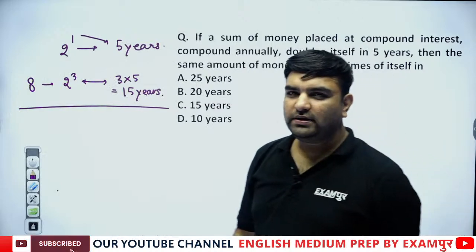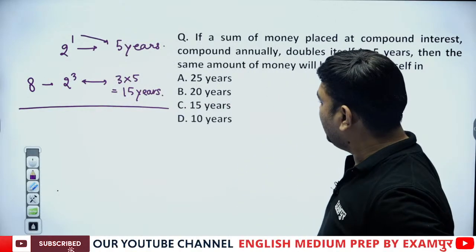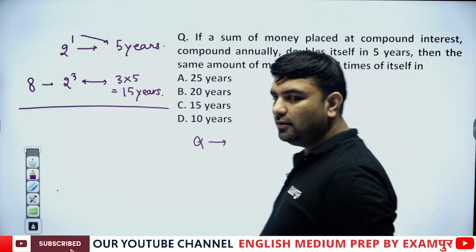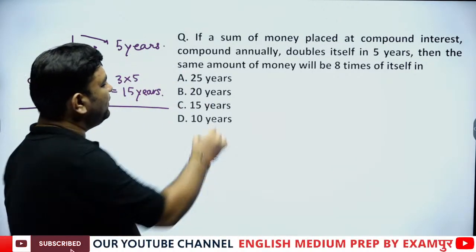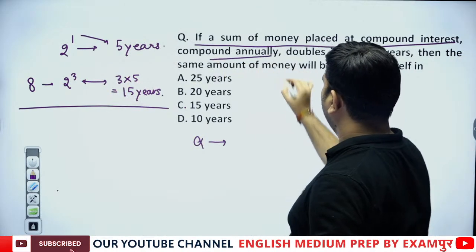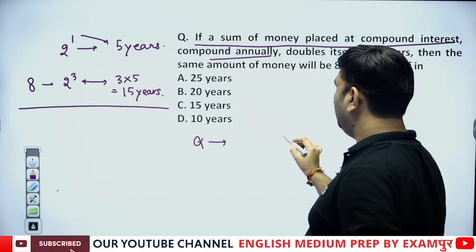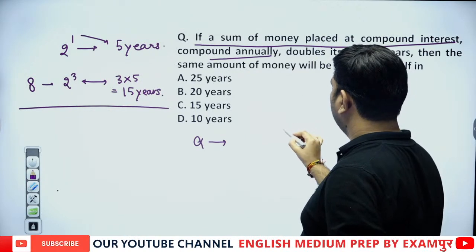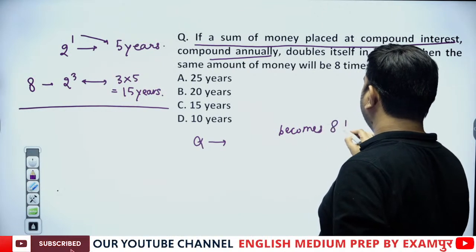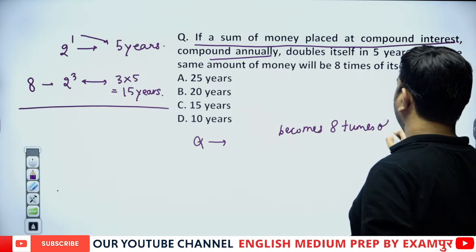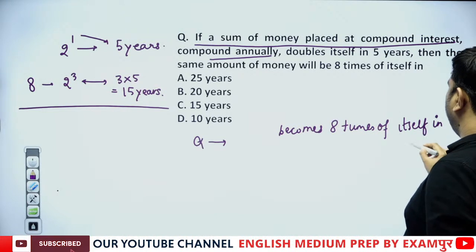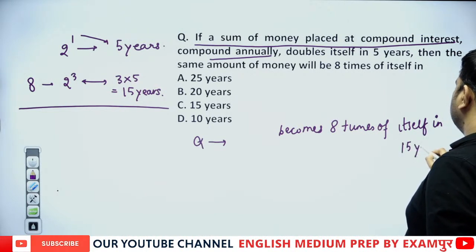Guys, can I make one more question out of it? A sum of money placed at compound interest annually becomes 8 times of itself in 15 years.